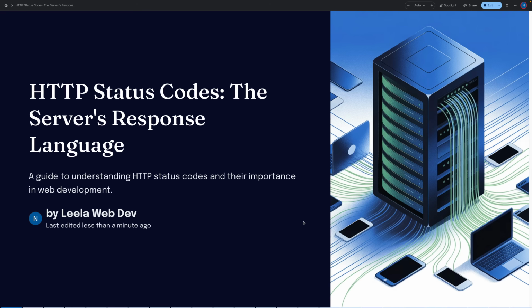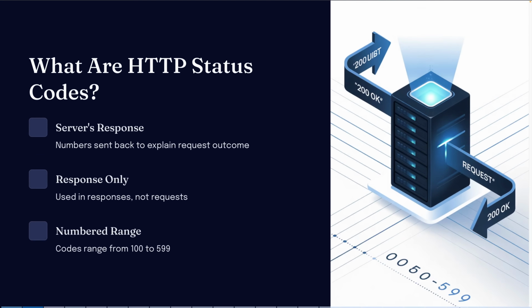So let's try to go about this one. So what exactly are HTTP status codes? They are just numbers, like 200, 404 or 500, that a server sends back to a client to explain what happened with the request.